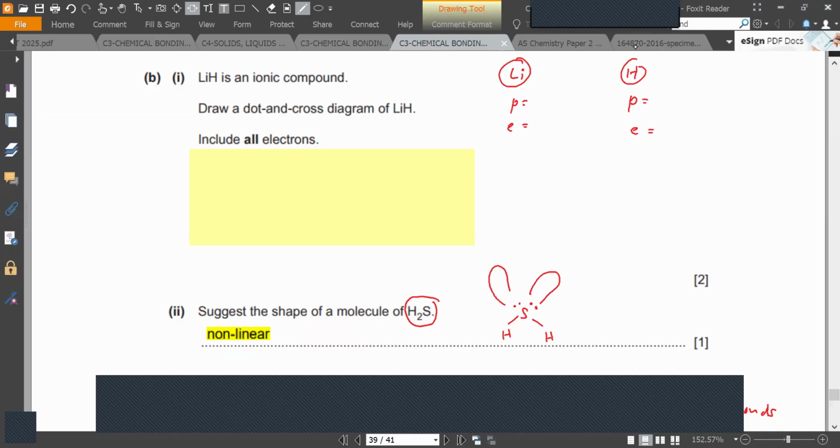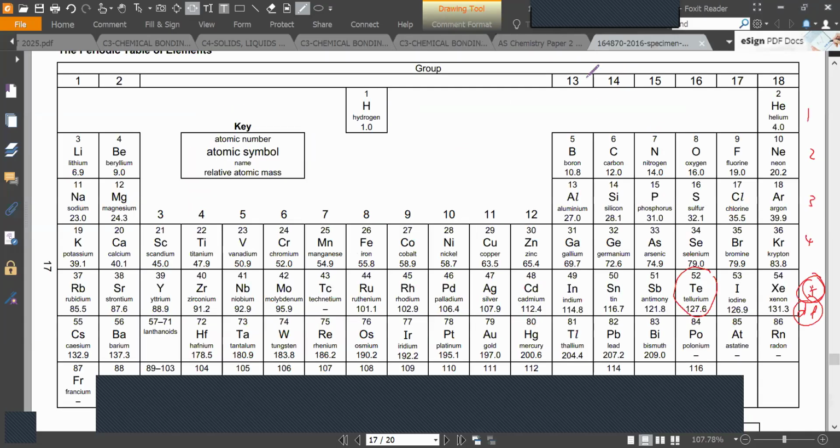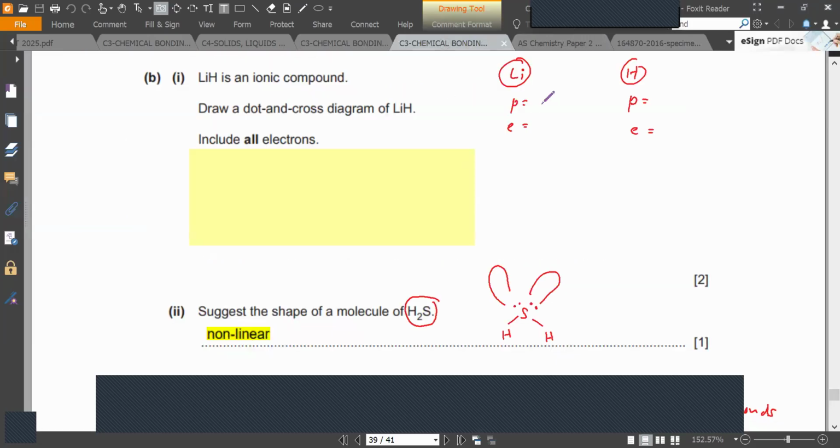If we look at the periodic table, lithium is 3 and hydrogen is 1. Include all electrons, not just the valence shell, so the inner shell as well.